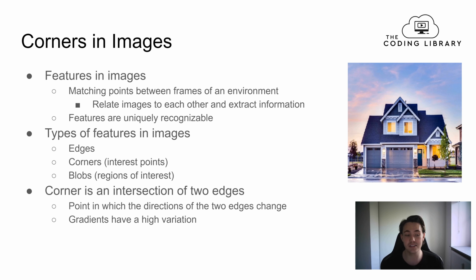To determine whether two edges that meet form a corner, we can look for a gradient with high variance, because then we know the edge is changing, that we have an actual corner, since the pixel intensities in the neighborhood around that point change a lot, as we have a high variation in the gradients.